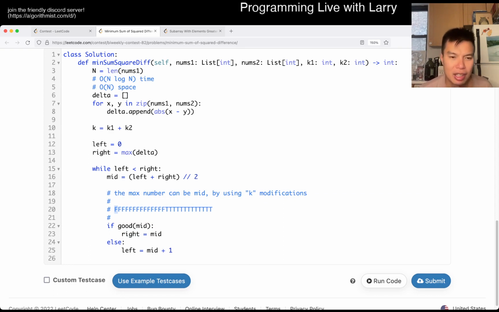And if this is good, meaning let's say we're here, then that means this is a routed answer, and we want to get rid of everything to the right. So that's why we kept everything to the left of the right, which makes this inclusive.